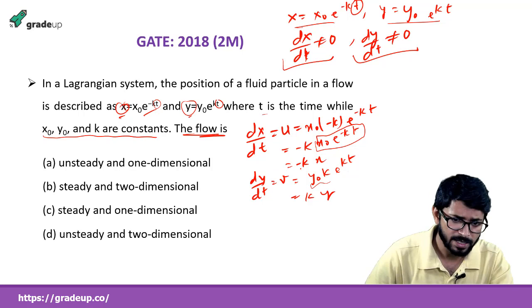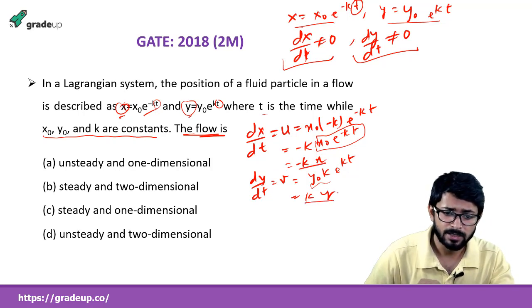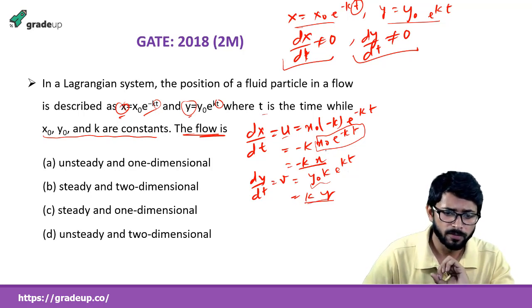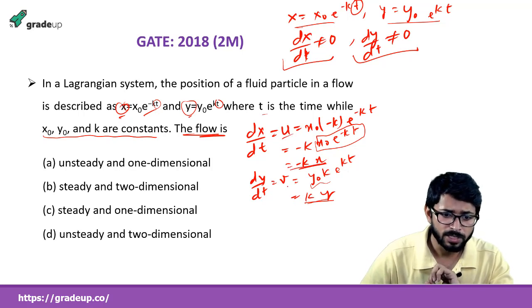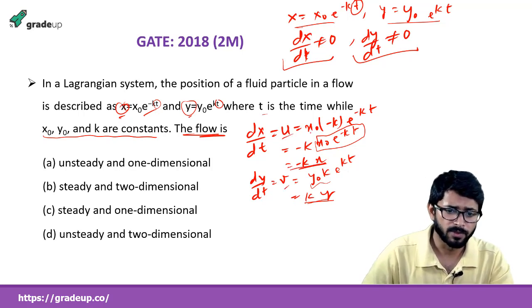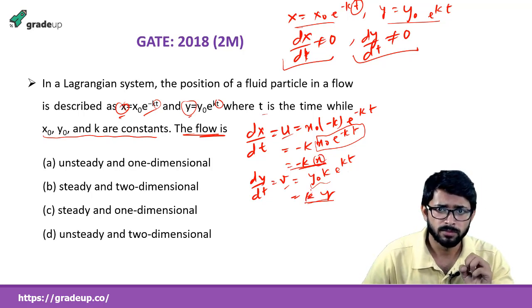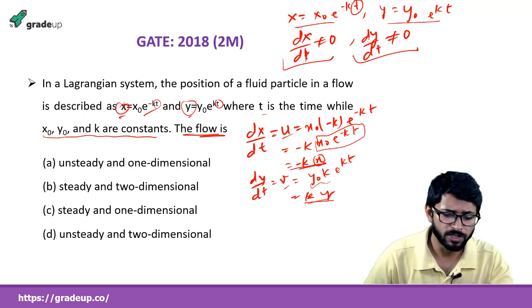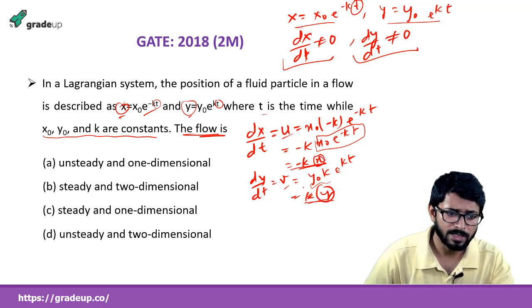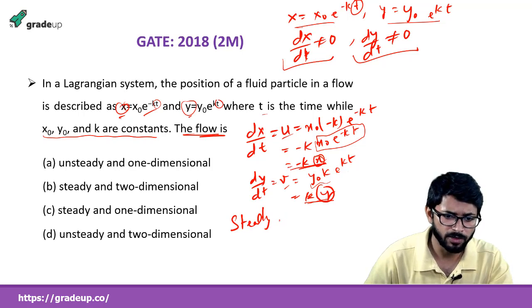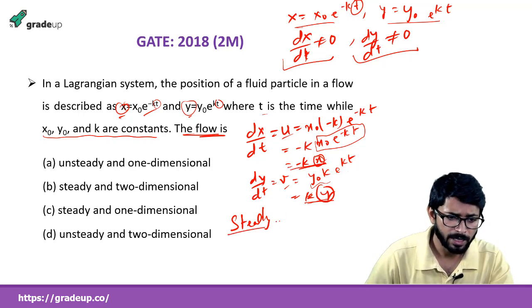From this we can say these are the velocity equations. In the velocity equations, no time term is coming out, so we can say the velocity is independent of time. Only the positions x and y are in the equations. So we can say it is steady, because in the flow equation there is no time term.